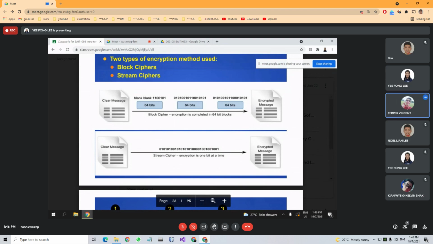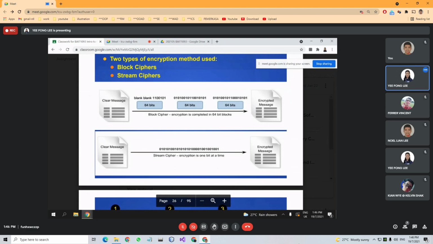The stream cipher. Stream cipher, more simple. Which one is more easily encrypted? Oh, no, sorry, more easily decrypted? I think stream cipher is more easily decrypted. One is block by block, the other one is bit by bit.